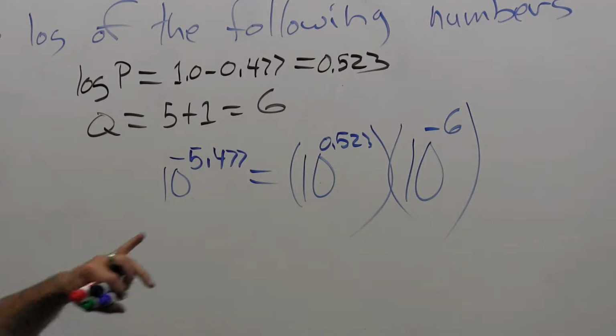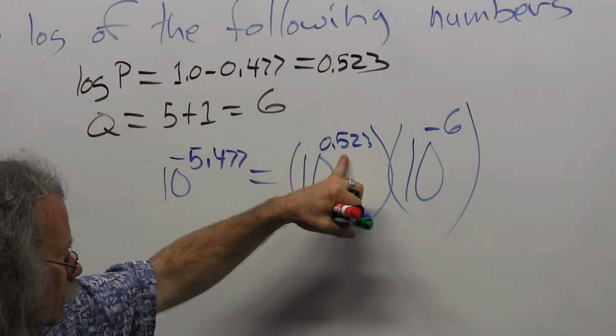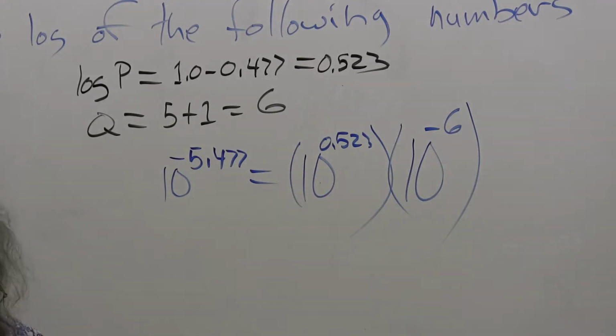Now the problem here is 0.523. Within our logs, we know that, for example, 10 to the 0.477 is 3, and 10 to the 0.602 is 4.